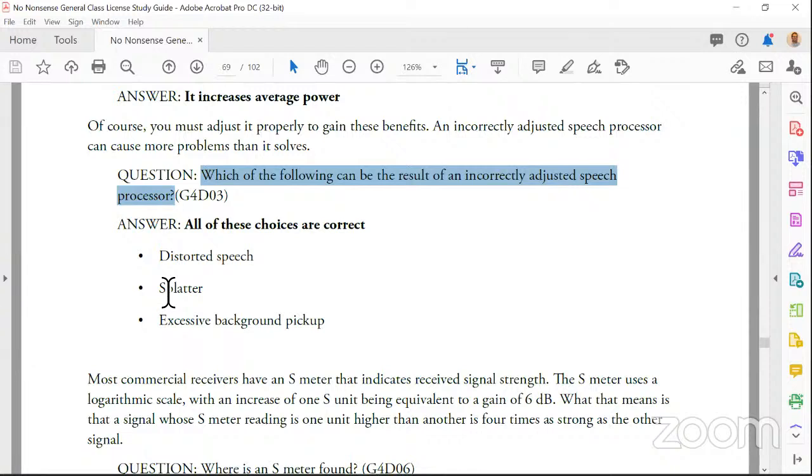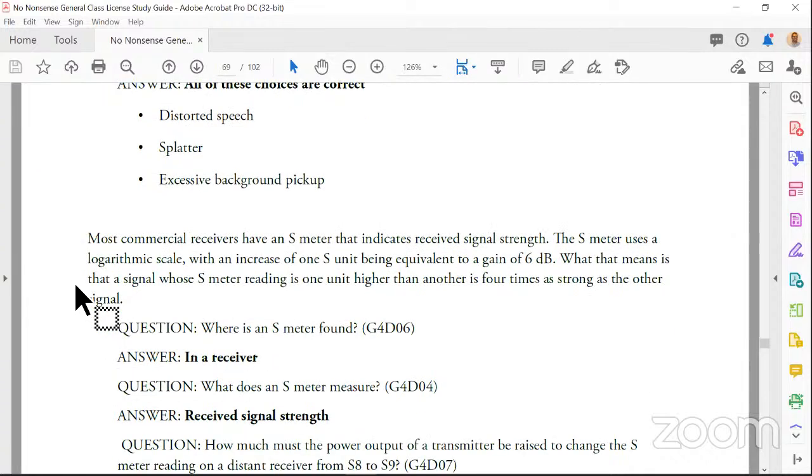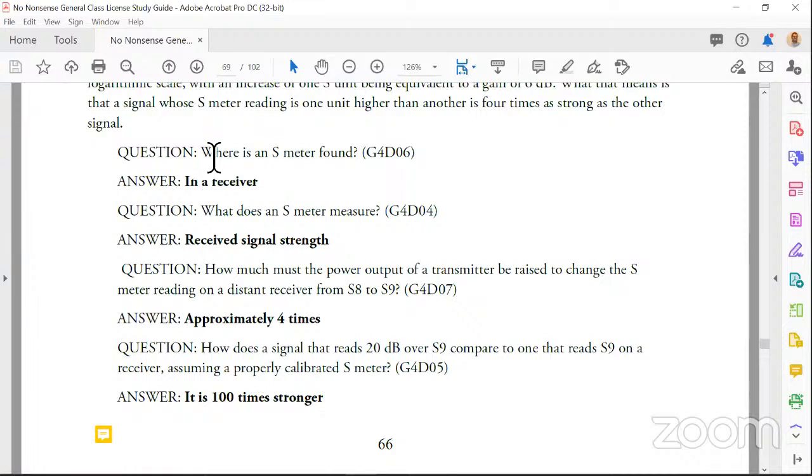We can have splatter, meaning we transmit on unintended frequencies. And of course we can have excessive background pickup. You just want your voice, the relevant information, to be heard, but all sorts of background noise is being picked up, and people are hearing that instead of your voice, or along with your voice. Next question. Short and sweet.